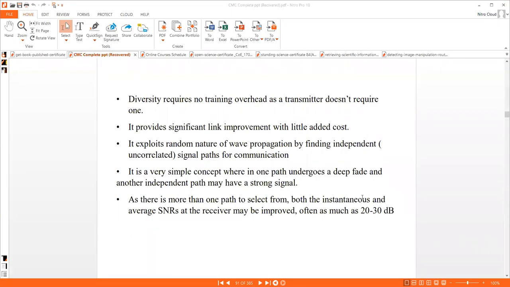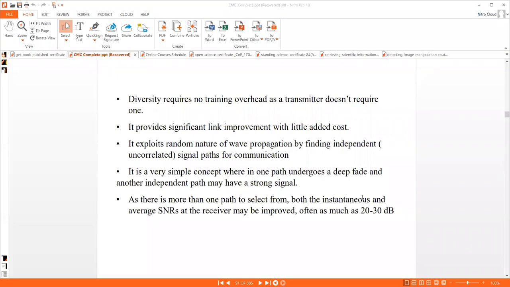When you are using two or more antennas at the receiver end, it will acquire signals through different paths. It is a simple concept: when one path undergoes a deep fade, another independent path may have a strong signal.